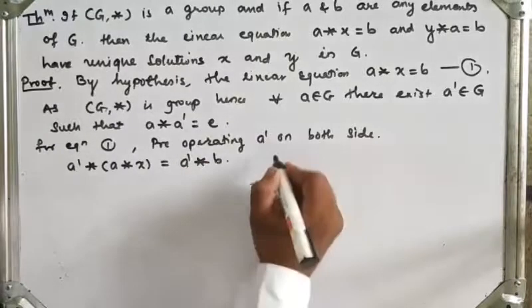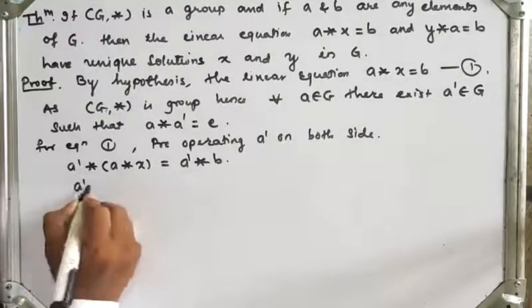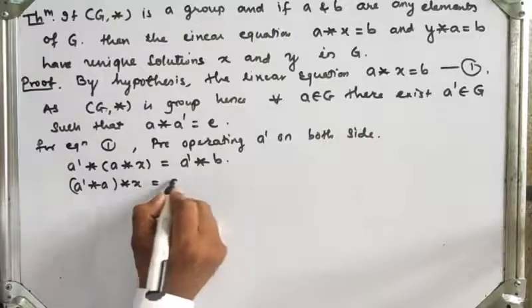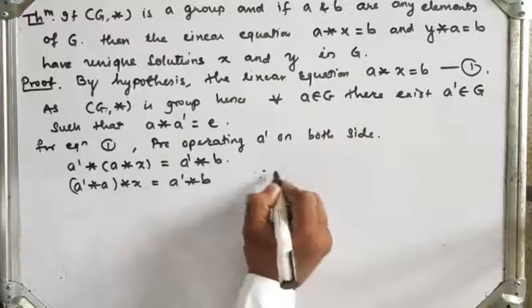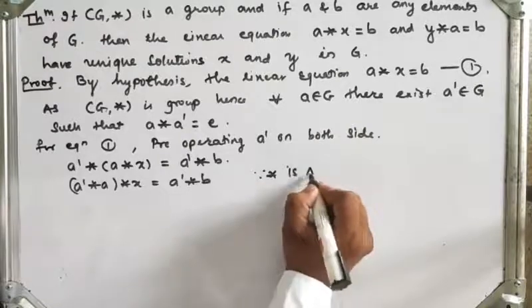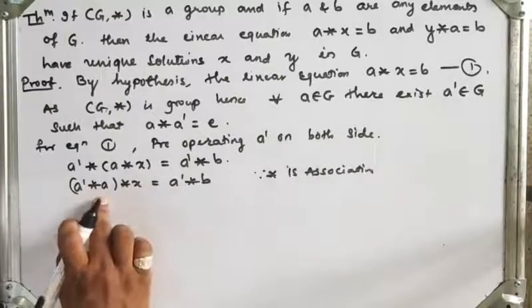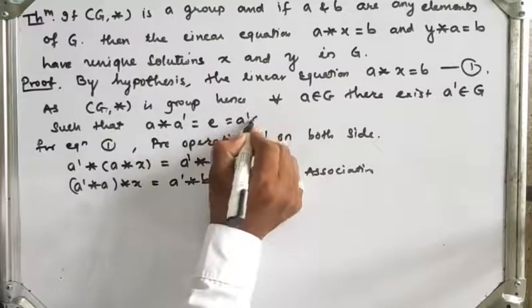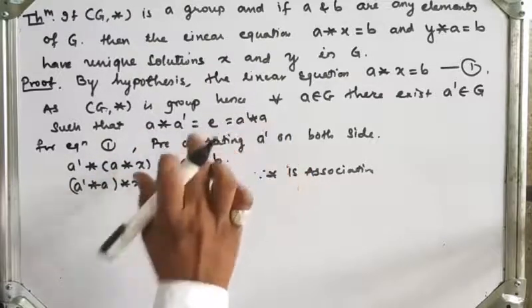Now as star is associative, I will write it as A dash star A star X is equal to A dash star B, since star is associative. And what is A dash star A? A star A dash and A dash star A are equal to identity.